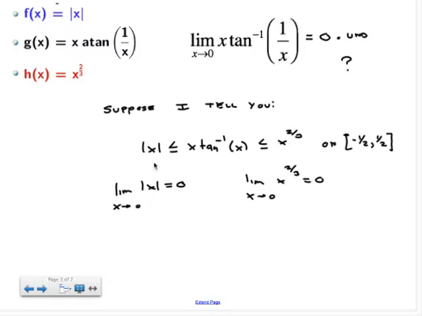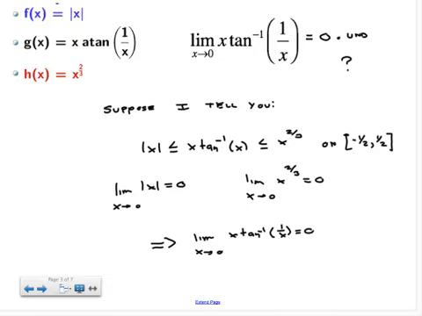So you have two limits that are 0 with a function that's squeezed in between. And even though that function is not defined at 0, we can conclude by the sandwich theorem, or the squeeze theorem, that the limit of the function we were looking at, which is x arctan of 1 over x, is also equal to 0.